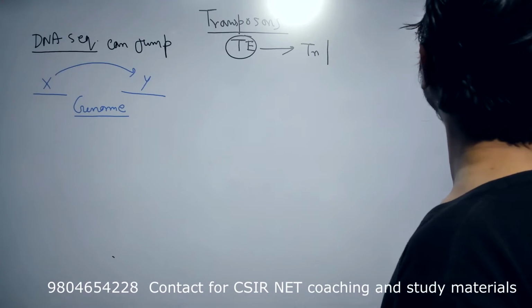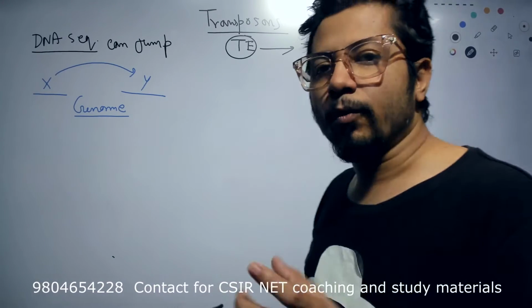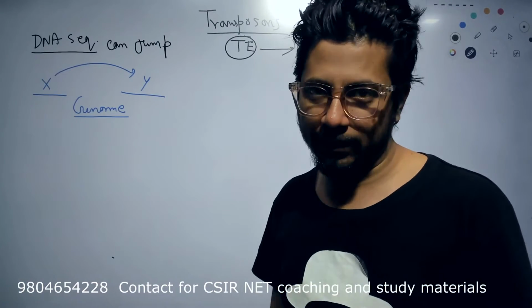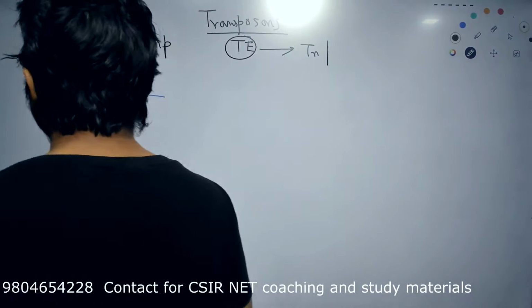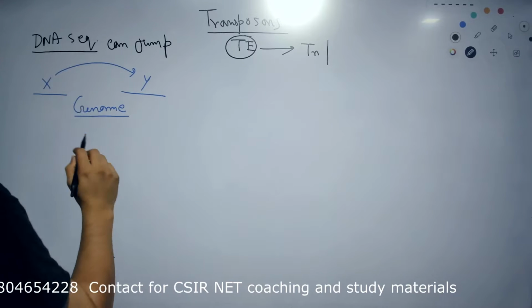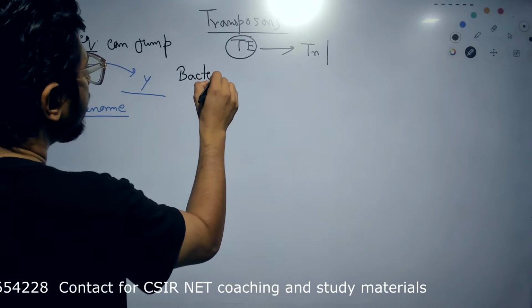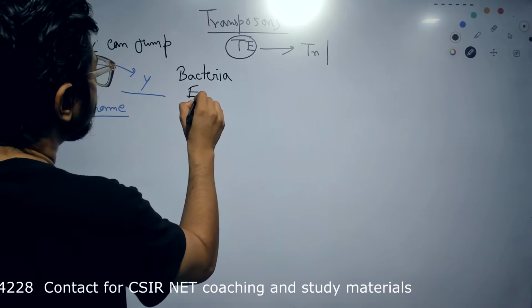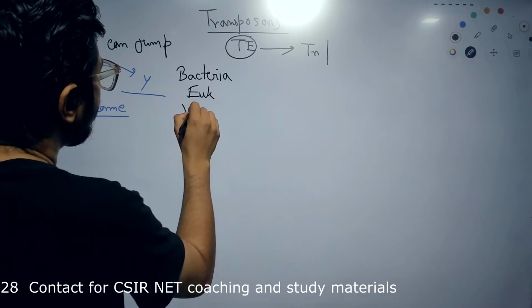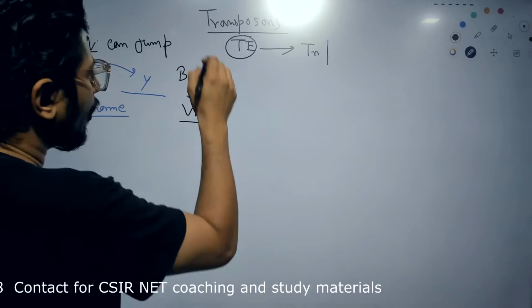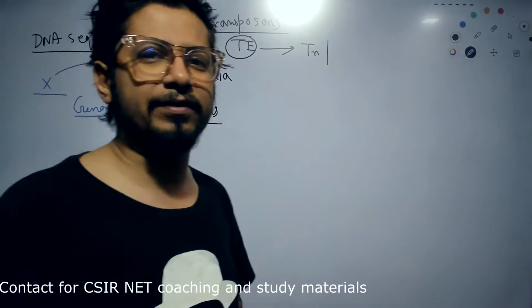And the second important question that you might have: where do you find transposable elements? Transposons are pretty easy to find. Basically, transposons are very common. They are found in bacteria, in eukaryotes, and also in viruses. So for all these examples, we can easily find transposable elements.